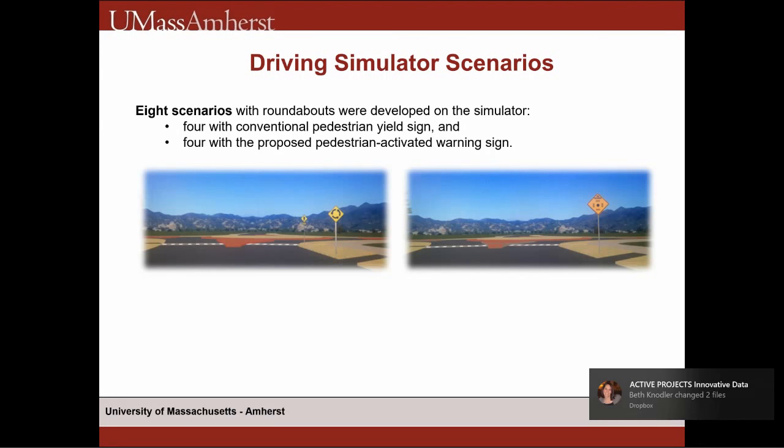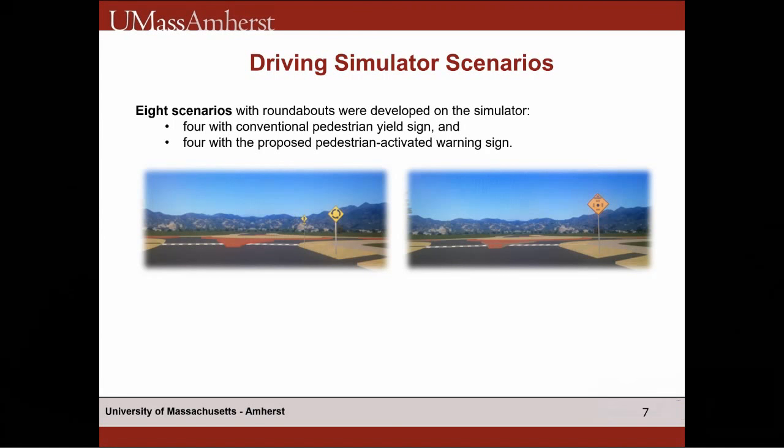Our design for this study is a within-subject experiment, so all of the participants drove one scenario with the first drive. So they had in total 2 drives. The first drive was with the conventional sign, and the second drive was with the new sign.